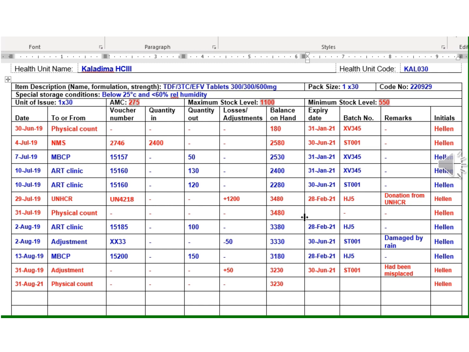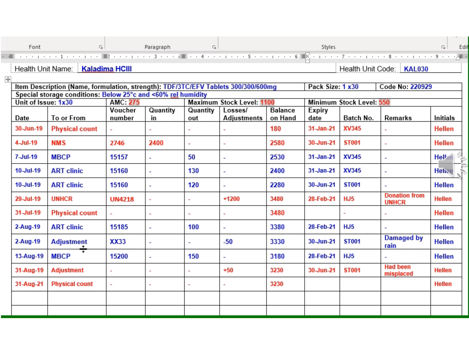Thank you very much for listening to me. Our next session is going to talk about a stock book, and we'll discuss why, if we have a stock card, we should add on another record, a stock book. Just to give you a hint, it is a summary of a stock card. It will summarize all the transactions we had in July into one entry, and all the transactions we had in August into one line.